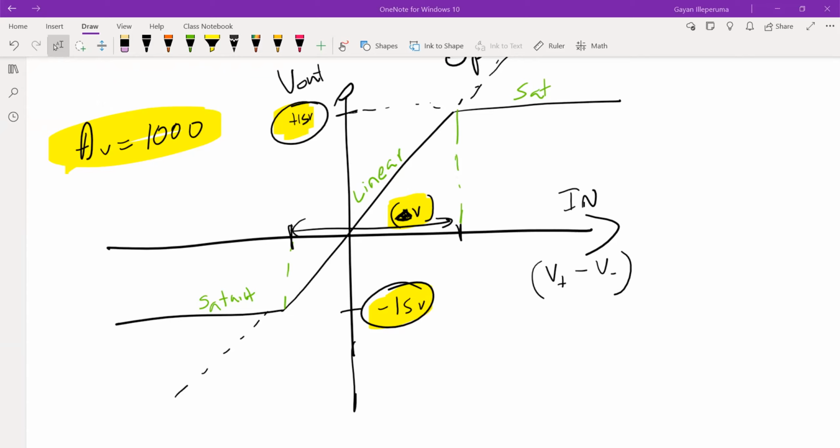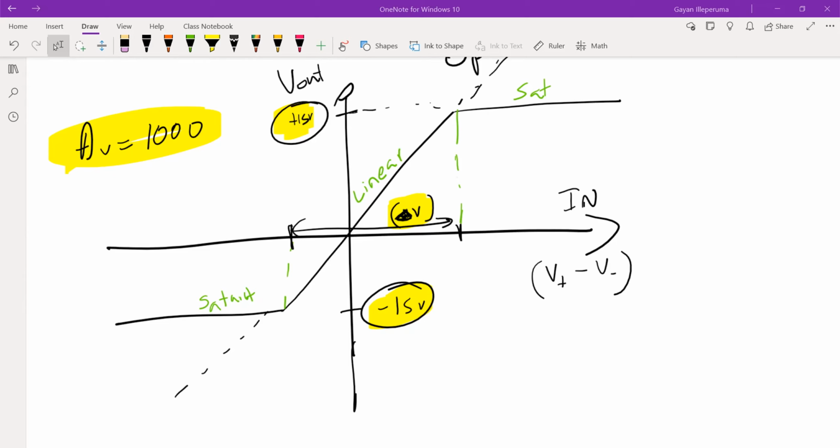The output is 15 volts, gain is 1000, so the input happens to be 15 divided by 1000, 15 millivolts. Now that can be applied to both directions, either for the positive rail or for the negative rail. So the difference can be either plus 15 millivolts or minus 15 millivolts. Very good.